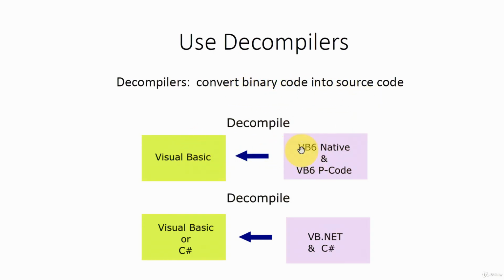And we have seen how we can use VB Decompiler to convert native exe code as well as P code into Visual Basic source code. Decompilers convert binary code into source code. And source code is the actual human readable code which the programmer itself uses when writing the software.